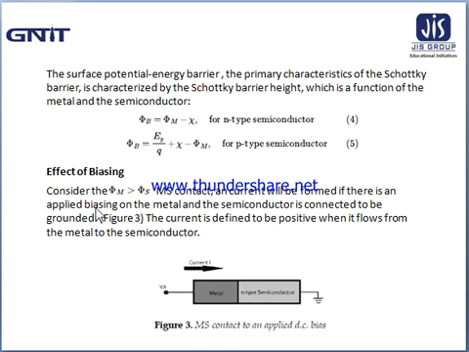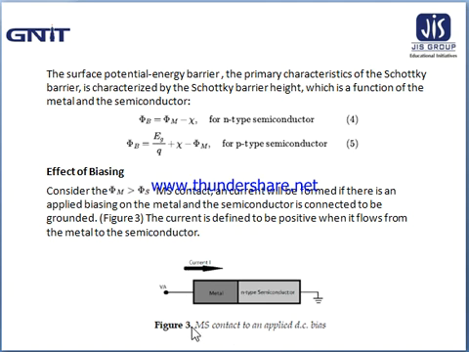First, if we consider that phi m is greater than phi s for the metal semiconductor contact, then a current, that is I, will be formed if there is an applied voltage, VA, on the metal, and the semiconductor is connected to ground.